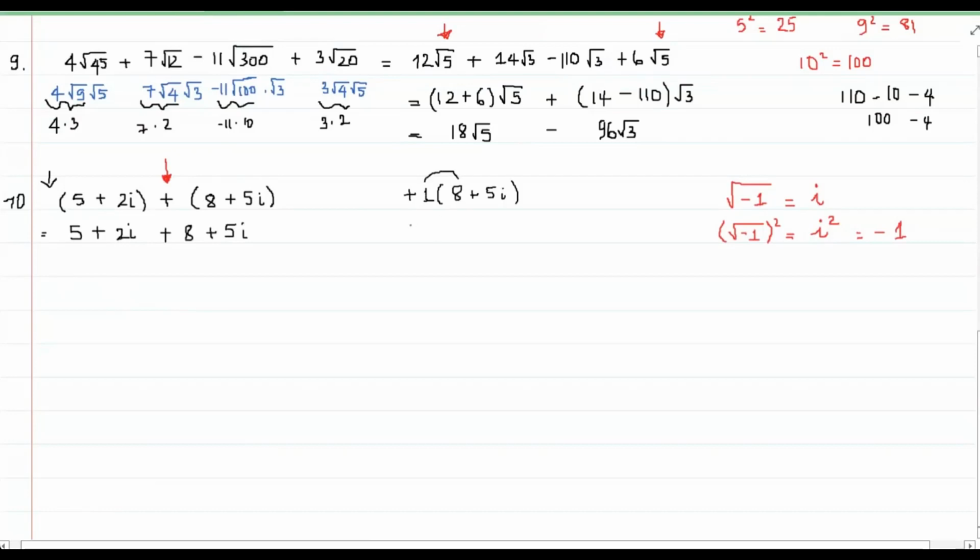Positive 1 times positive 8 is 8, positive 1 times positive 5i will be positive 5i. Right. Now we combine like terms, numbers with numbers and the i terms together, right? So 5 plus 8 is 13. Add 2i and 5i is 7i.